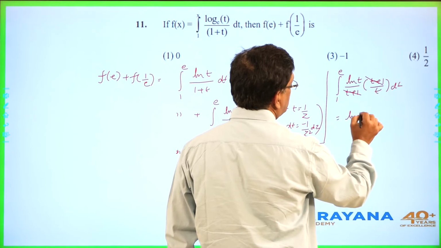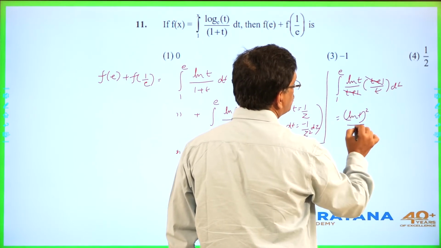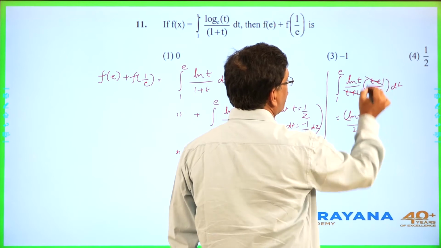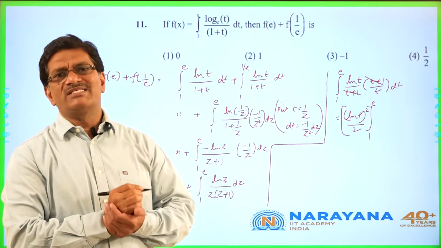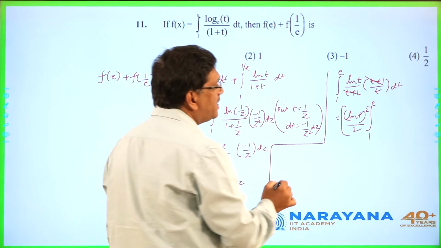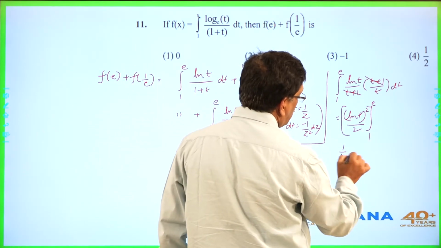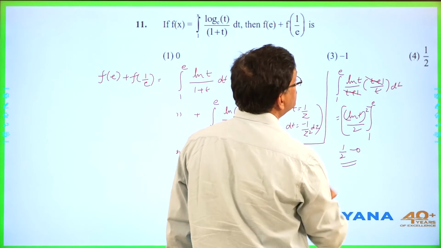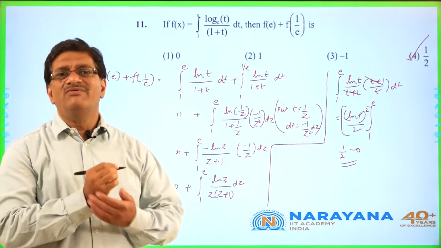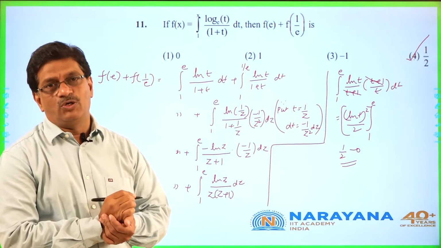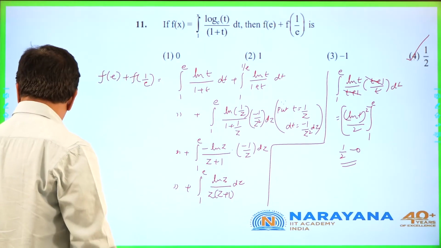So it is nothing but log t whole square by 2. It is f of x whole power n into f dash x. Now let us apply the limits. For upper limit e, it is 1 by 2. Lower limit, it is 0. That is 1 by 2. A good problem, but given long back at the IIT level only. Okay. Let us go to the next question.